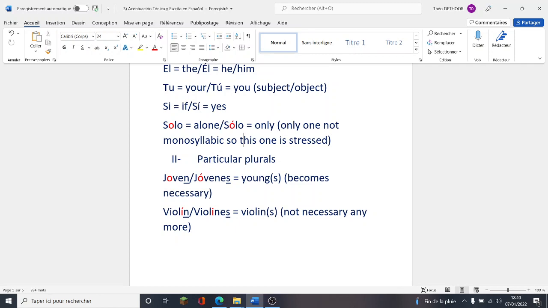But in plural, it's not necessary anymore because we have an extra syllable, the word is ending in S, so the last but one syllable is meant to be stressed, so you don't need that written accent anymore. So we have violín with a written accent in singular and violines without any accent in plural.